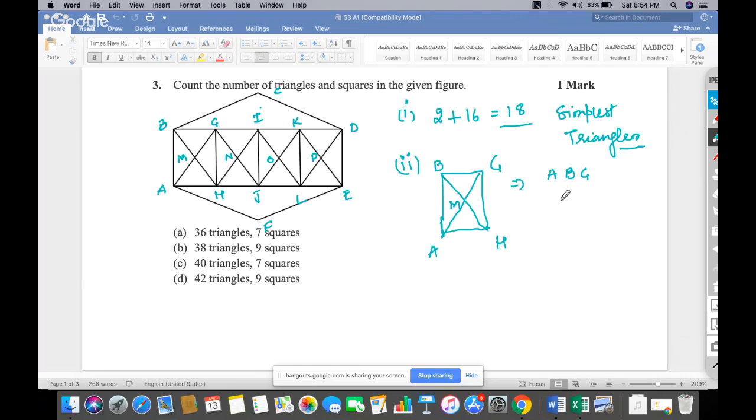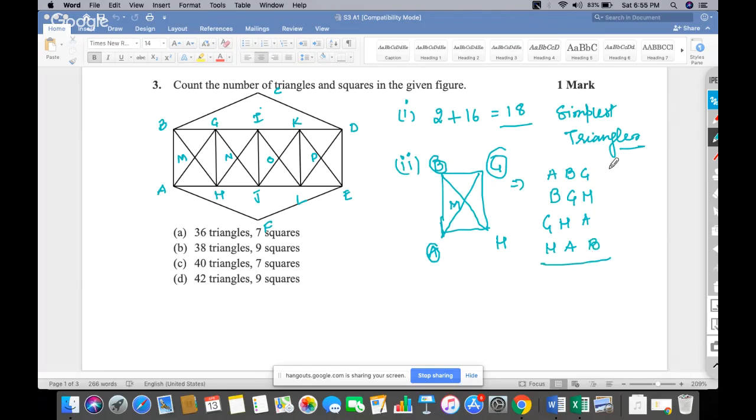The second one: I have started from this particular vertex, and I'll keep on shifting one vertex anticlockwise. So ABG, now I'm starting here. BGH, this is a different triangle. So B also covered. Let me go to G. So GHA is a different triangle. And let me go to the fourth. HAB is altogether a different triangle.